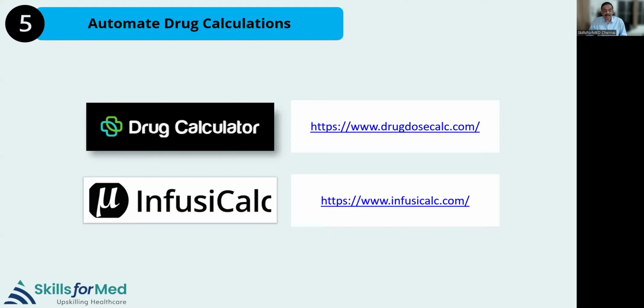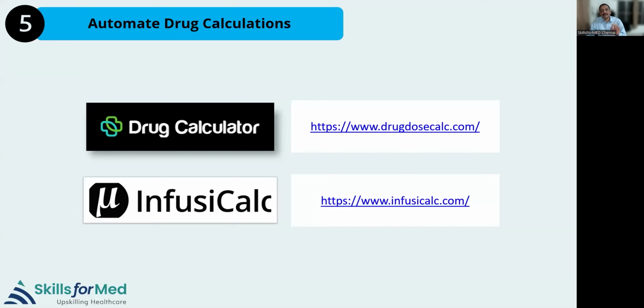Automatically, they will calculate. Some of the senior nurses may frown on this because they say the nurses have to calculate. Yes, I do agree. You have to teach them to calculate. They should know how to calculate. But still, in terms of reducing medication errors, use these simple devices, since you always have the phone in your hand. Instead of watching Netflix and Instagram, use it for purposes where we can reduce medication errors.